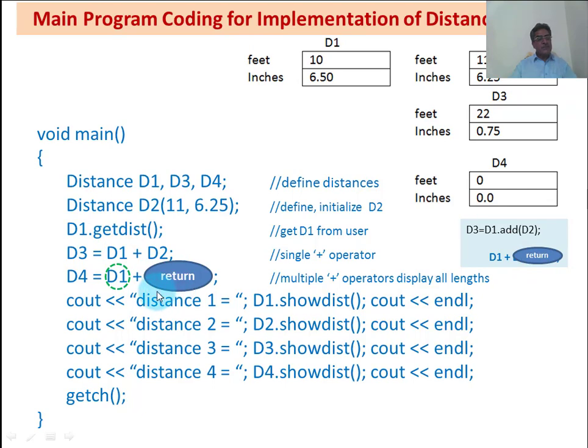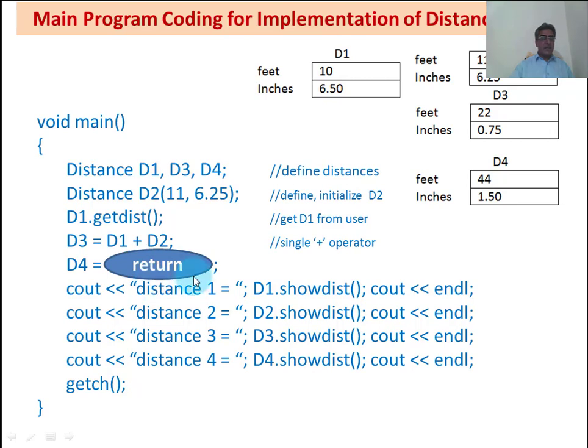It will perform the addition operation, which we have seen, how the plus operator performs the addition on two objects and returns the value. So you may see here the second time it will return the result of addition of three objects, and this result will be stored in the memory of d4. You can see here the value feet contains 44 and inches contain 1.5. This is actually the sum of d1, d2 and d3.